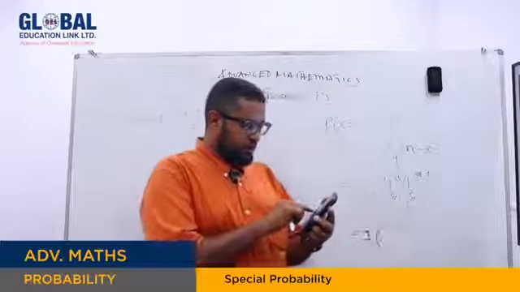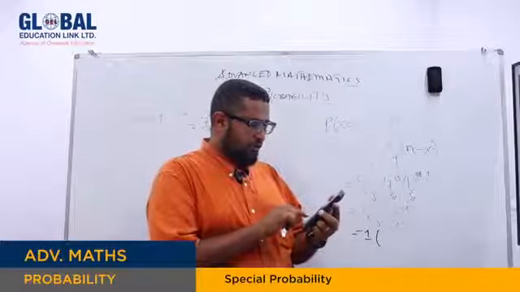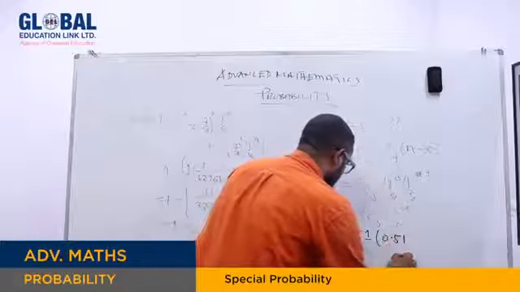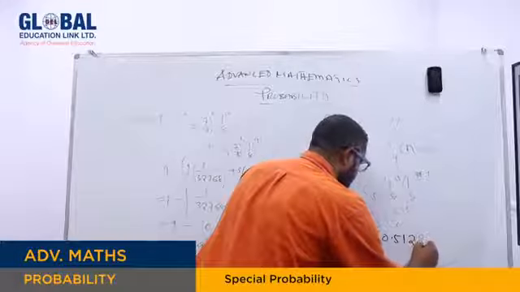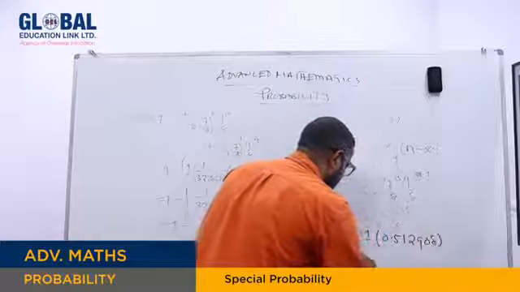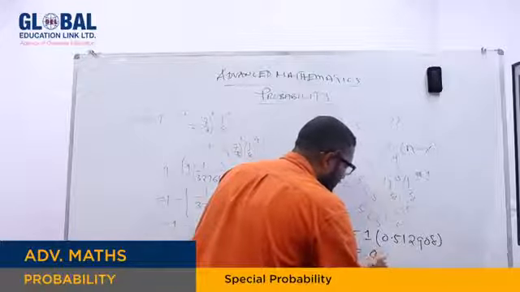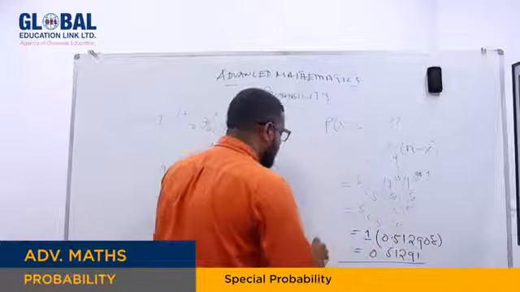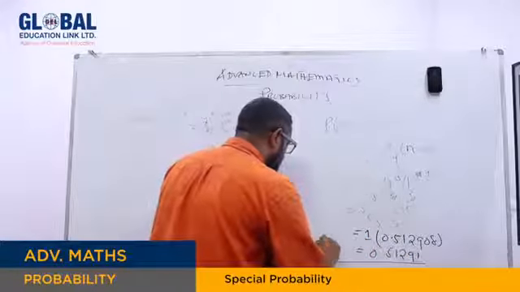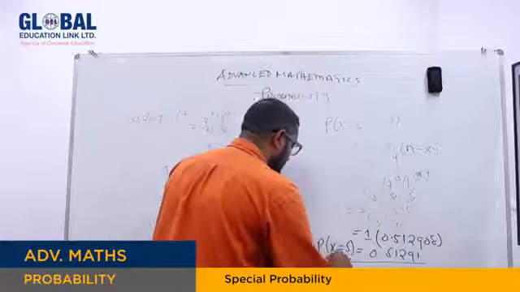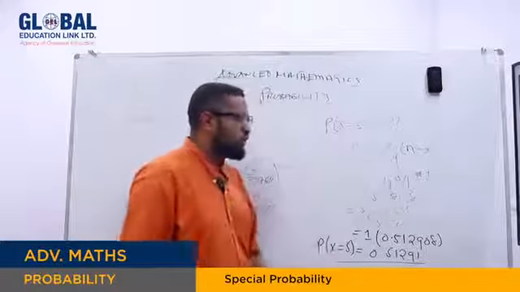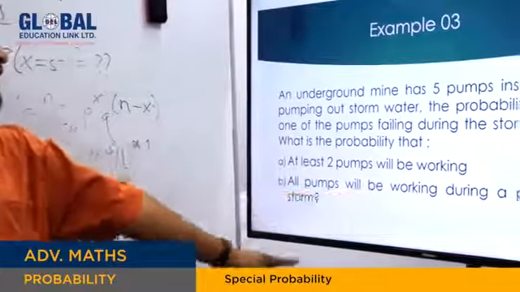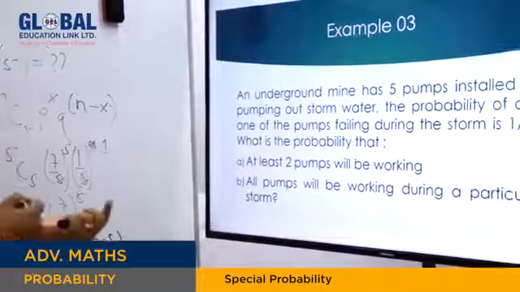This gives 0.512908. So when you multiply by 1, you get 0.51291. So that is when all pumps are working, the same as writing the probability of X equal to 5, according to the question: all pumps will be working during a particular storm.